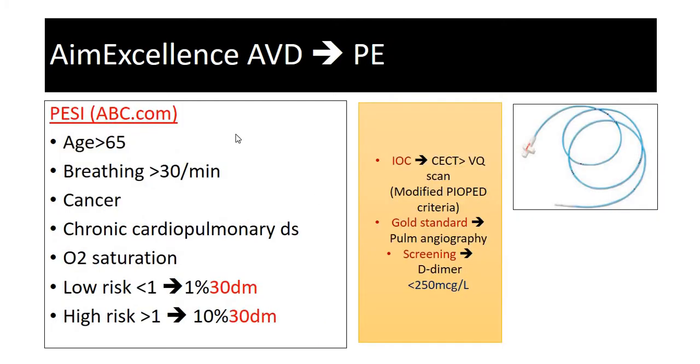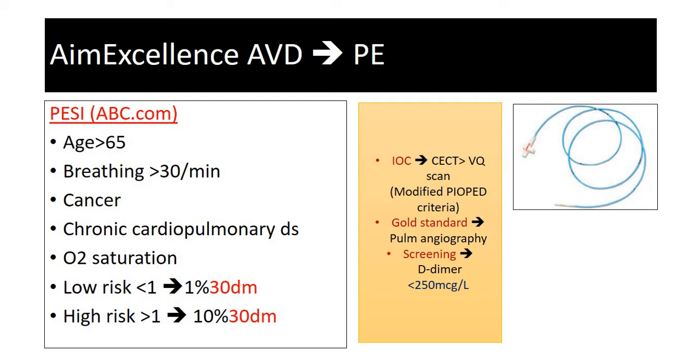There are a few scores which are very important, and one of them is the pulmonary embolism severity index. Five factors are very important there: age greater than 65, breathing rate greater than 30 per minute, presence of cancer, chronic cardiopulmonary disease, and oxygen saturation.